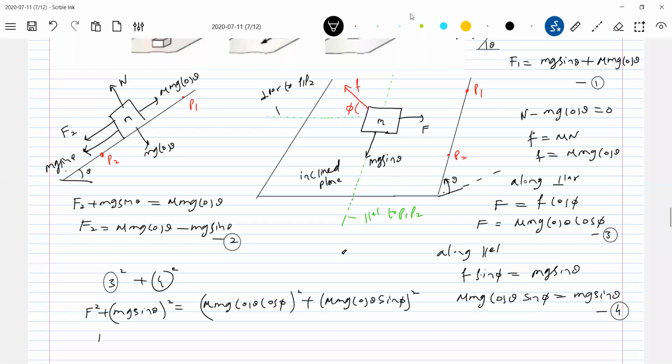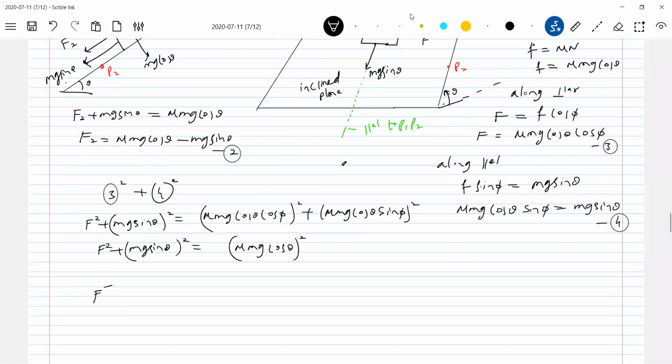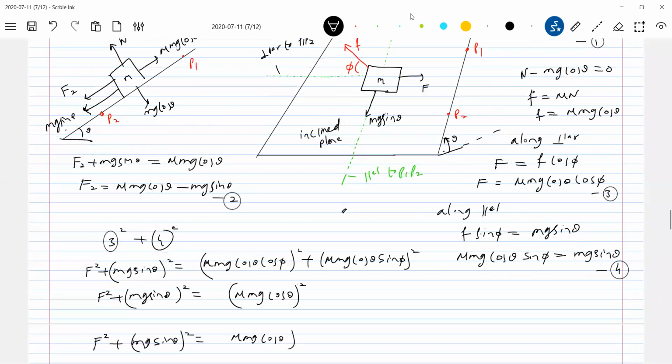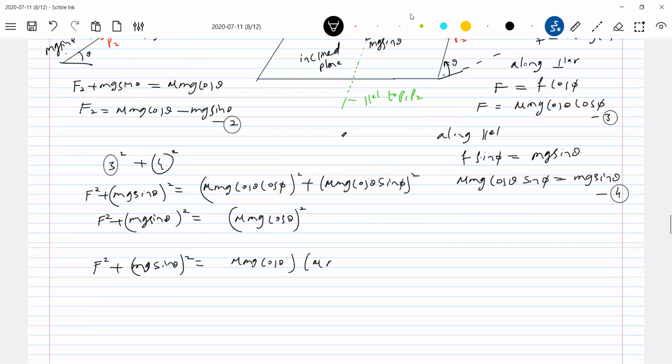Okay, this quantity will become F square plus mg sin theta whole square equal to mu mg cos theta whole square. Now, what is mu mg cos theta?